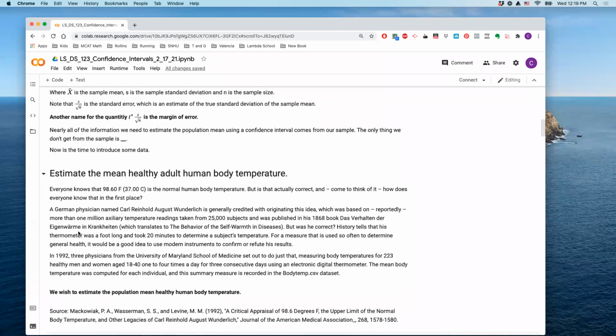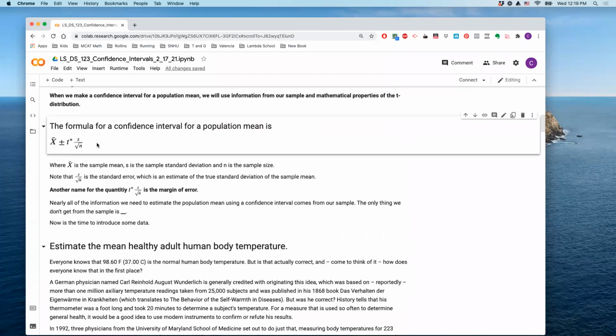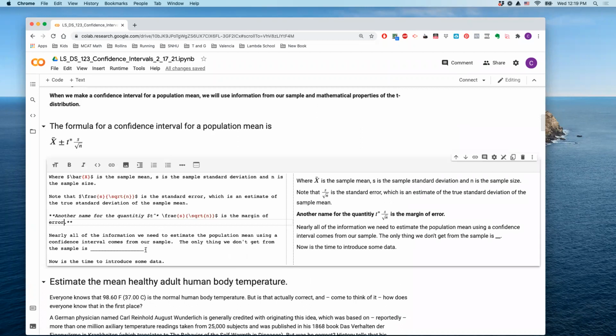Okay, so we talked about the margin of error. And nearly all the information we said that we need to create a confidence interval comes directly from our samples. So we've got the sample mean, the sample standard deviation, the sample size. We just have this thing that we're going to need from our t-distribution called t-star.